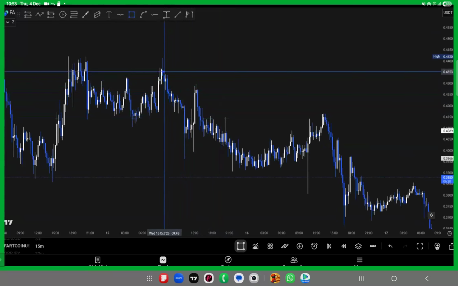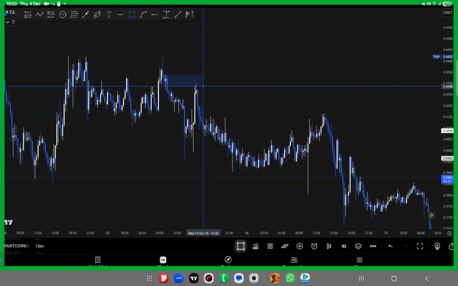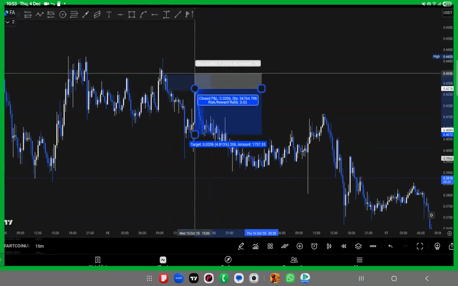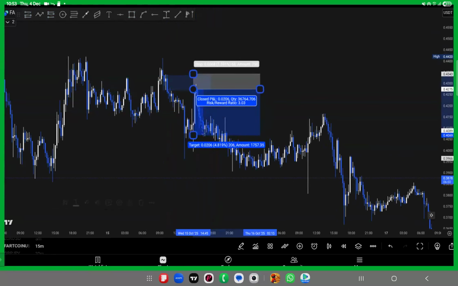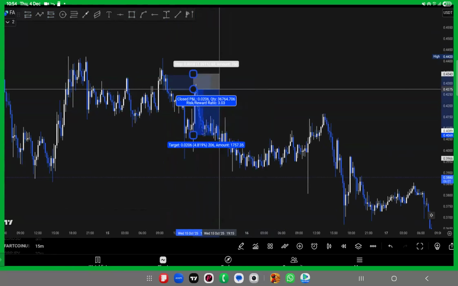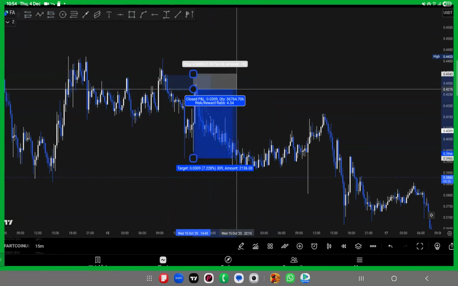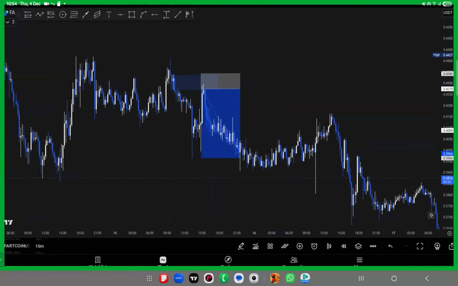All right, these are the supply zone. I make use of the white candle. Perfect one, ratio 4.